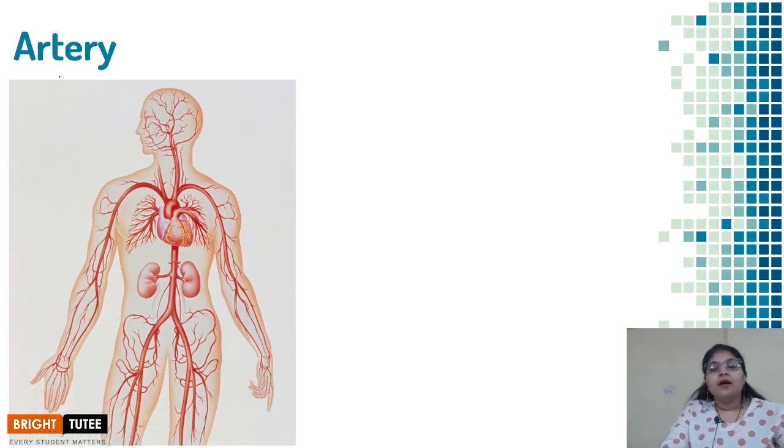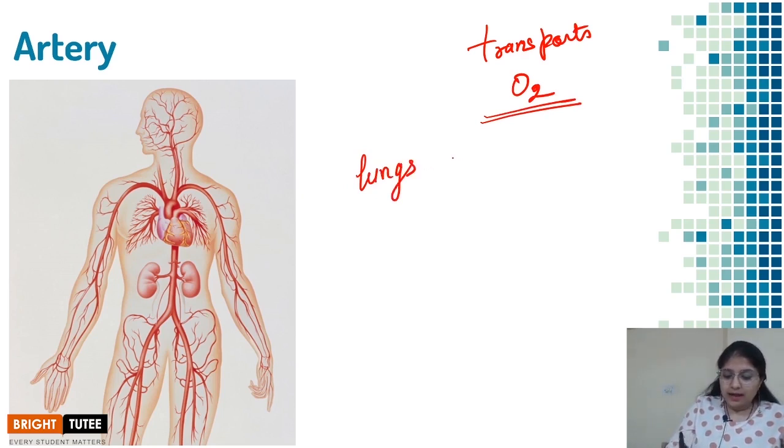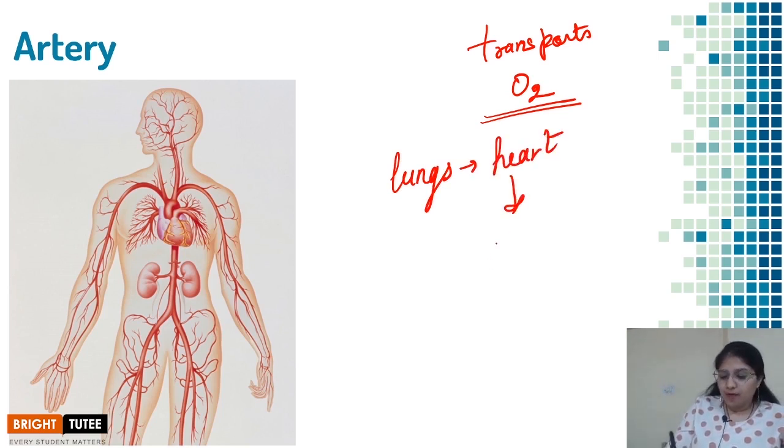Now, an artery is a vessel which transports oxygen. That means the artery will take up the oxygen from the lungs and transport it; or rather, I should say, the transport of oxygen takes place from the lungs to the heart, and then from the heart to other parts of the body.